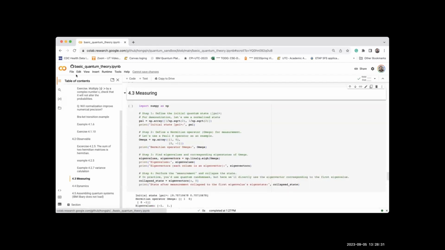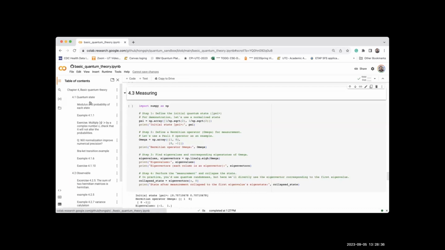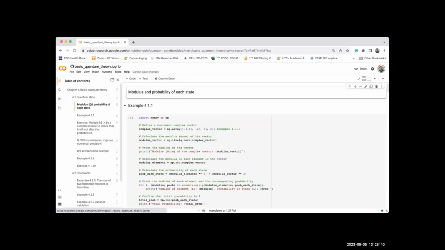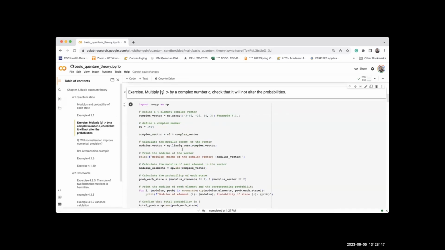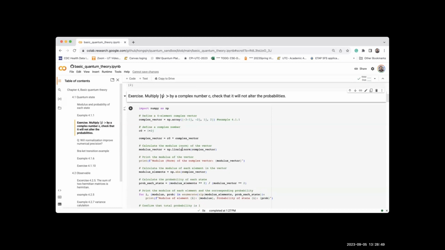So let me stop here and summarize what we have gone through. Today we went through the modulus and probability of each state. We showed that a constant state multiplied by a complex number doesn't change the probability, which means we can use normalized states for most of the calculation.